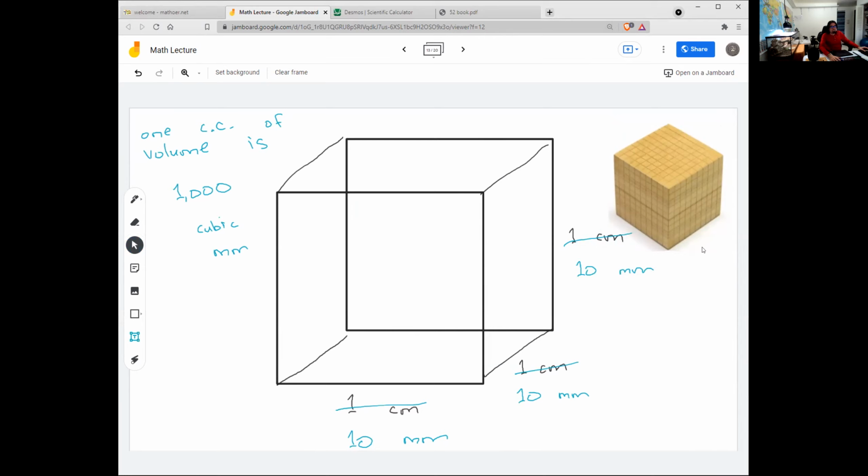So because there's 10 on each side, you get 1,000 little cubes overall. But my artwork is not that good, so we are not going to draw that.